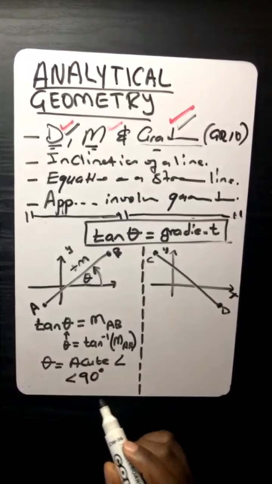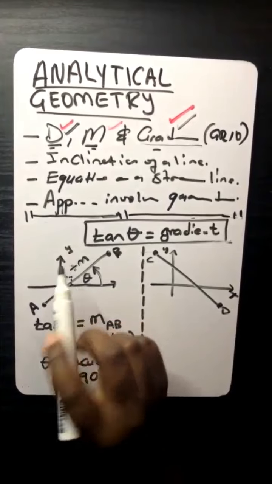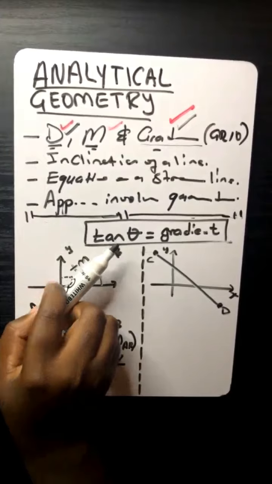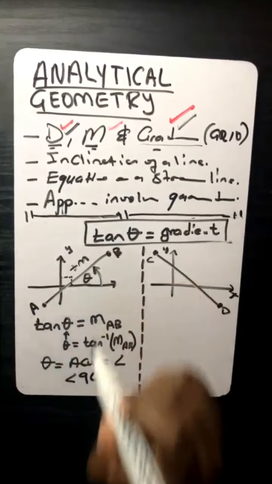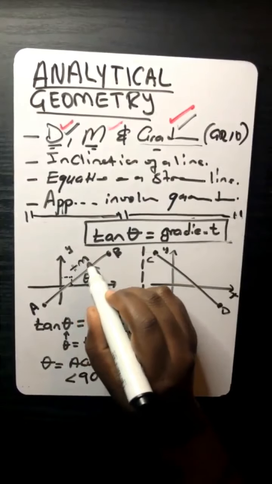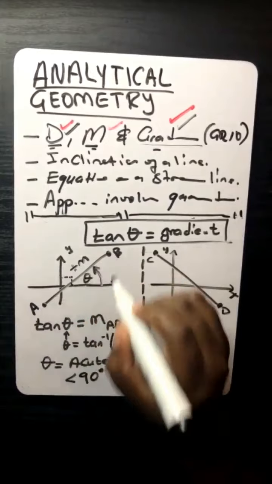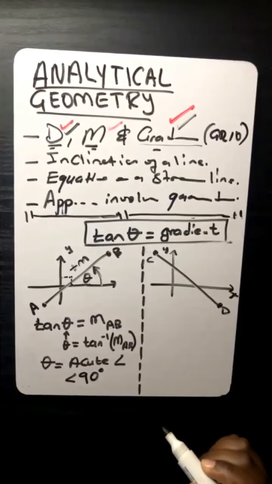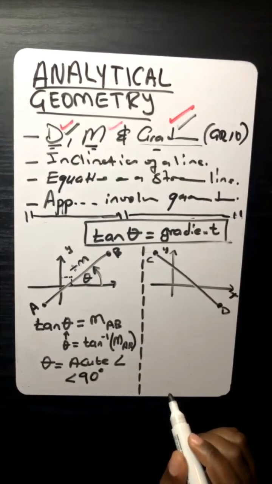You can see there is the 90 degrees, so anything within that first quadrant is less than 90 degrees. So for a line which has a positive gradient, the angle formed with that inclination is going to be less than 90 degrees. If you get a value which is greater than 90, then you know you made a mistake somewhere.